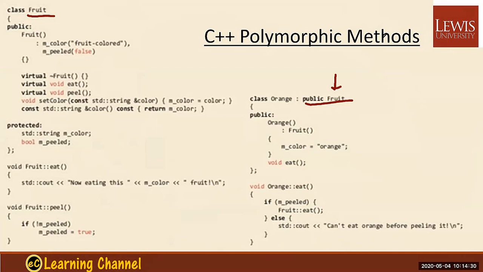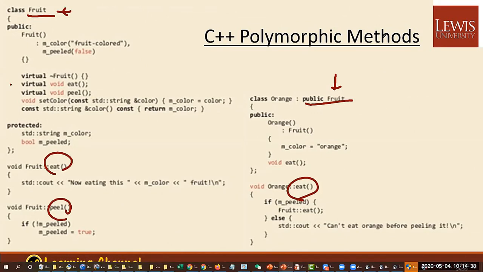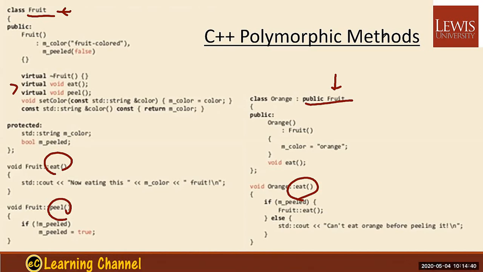Okay, so here we have orange, and here we have the eat function, right? You have eat and peel in fruit, right? So here eat is virtual. So there's one implementation here and two implementations here, right? Peel is also declared as virtual. Okay, so it is virtual, and it has the implementation by itself.